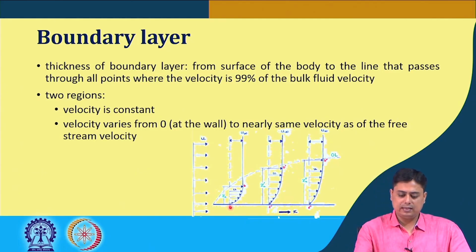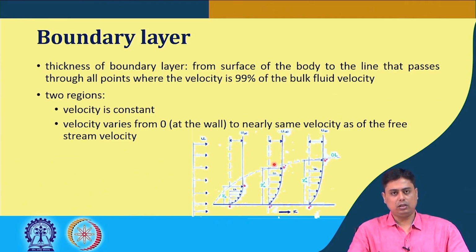Now, as I said, these velocity lines are asymptotic in nature, so it never reaches the actual velocity. So, we typically say that 99% of the fluid velocity or the bulk fluid velocity, whenever that is reached, we take those points.